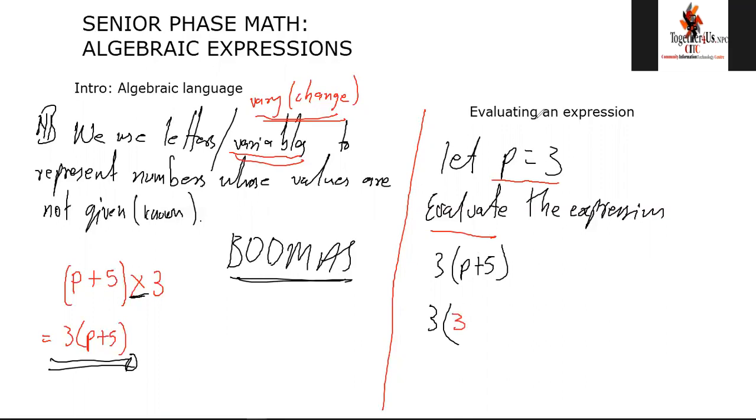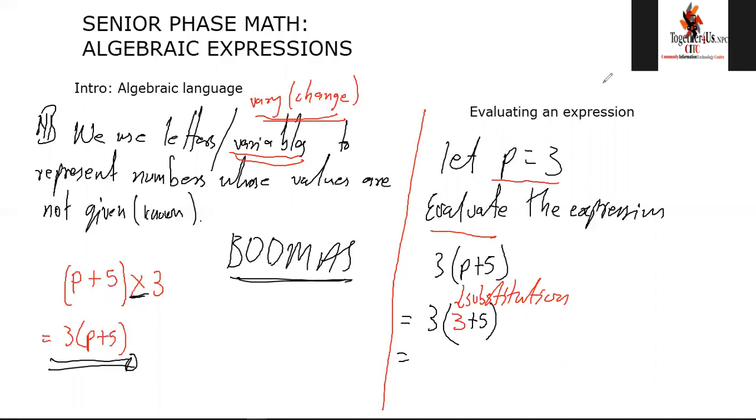You see that? And then I'm going to continue and add 5. And as I said, when you replace P with a 3, this process is what we call substitution. So when you hear someone saying substitute, you replace, okay? Instead of the variable P, we have put the number 3.